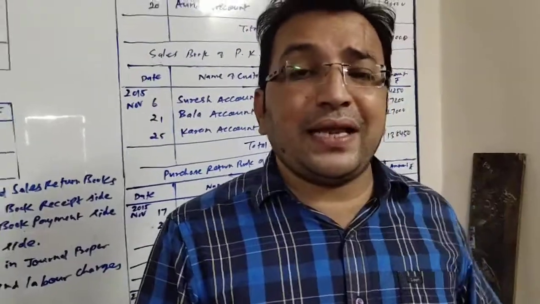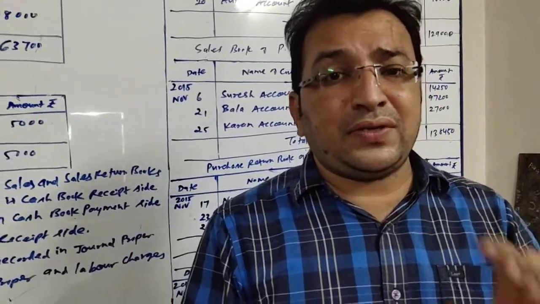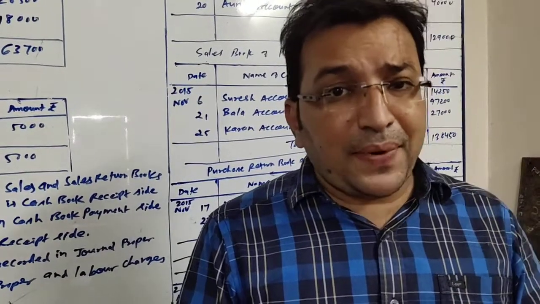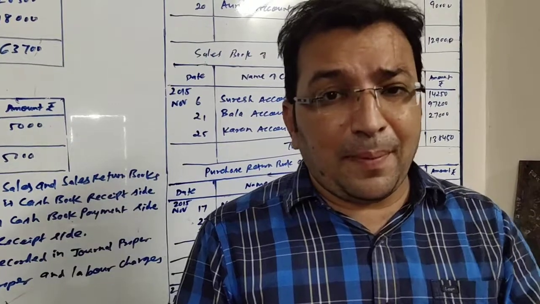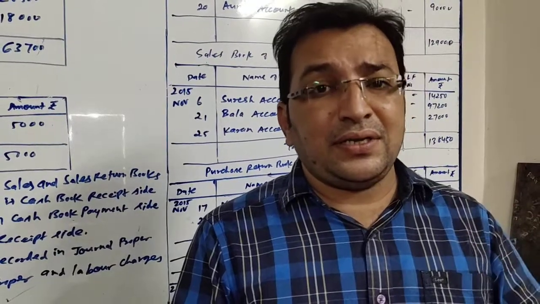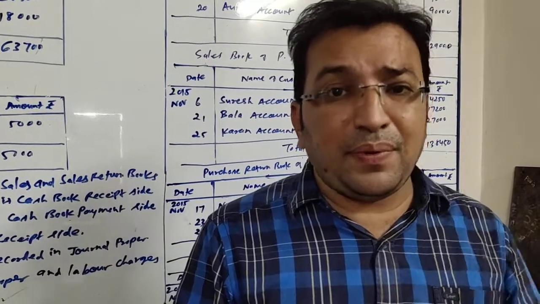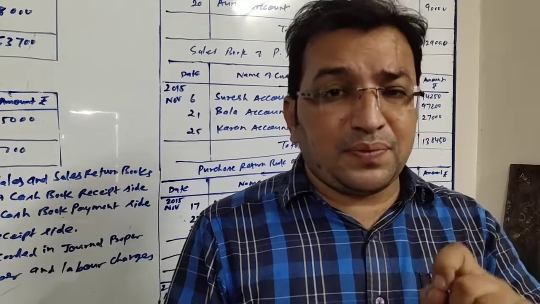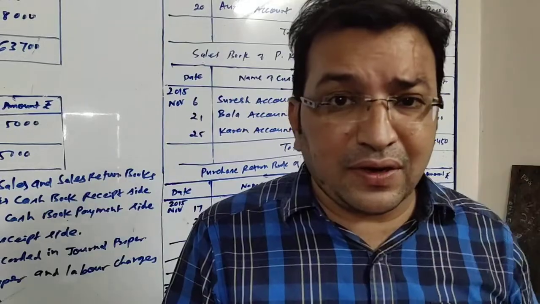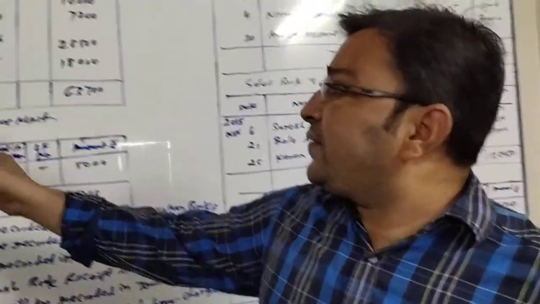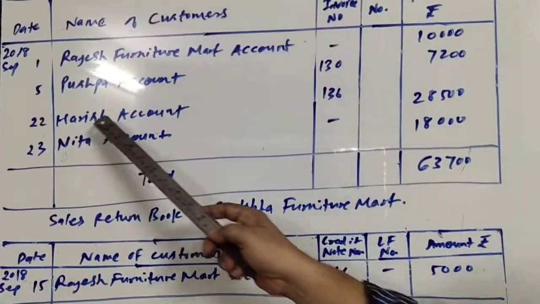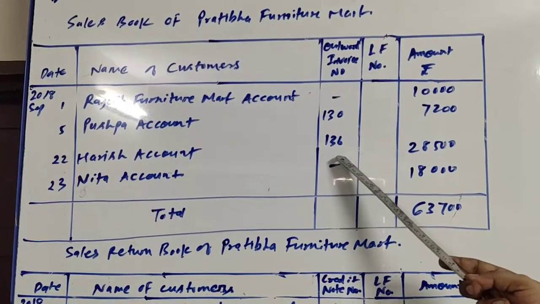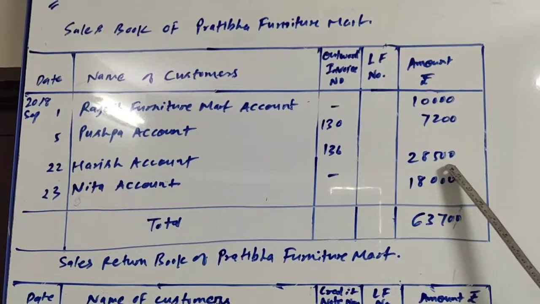Here we are selling goods of rupees 30,000 to Harish on credit, so that will come in the sales book. 5% trade discount is applicable. 5% of 30,000 will be 1500. We will deduct that amount: 30,000 minus 1500, we get 28,500. So here it is 22nd date, Harish account, outward invoice number 136, and 28,500.